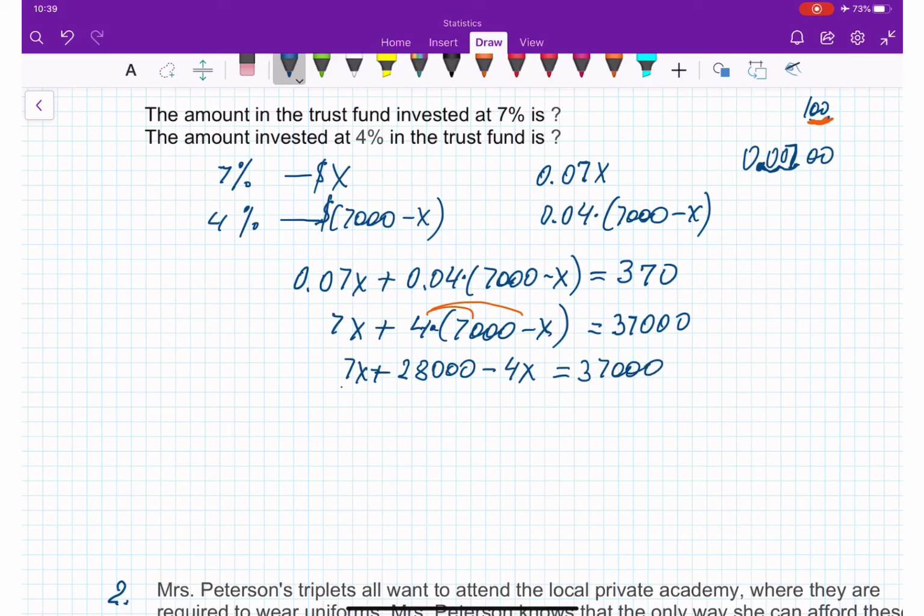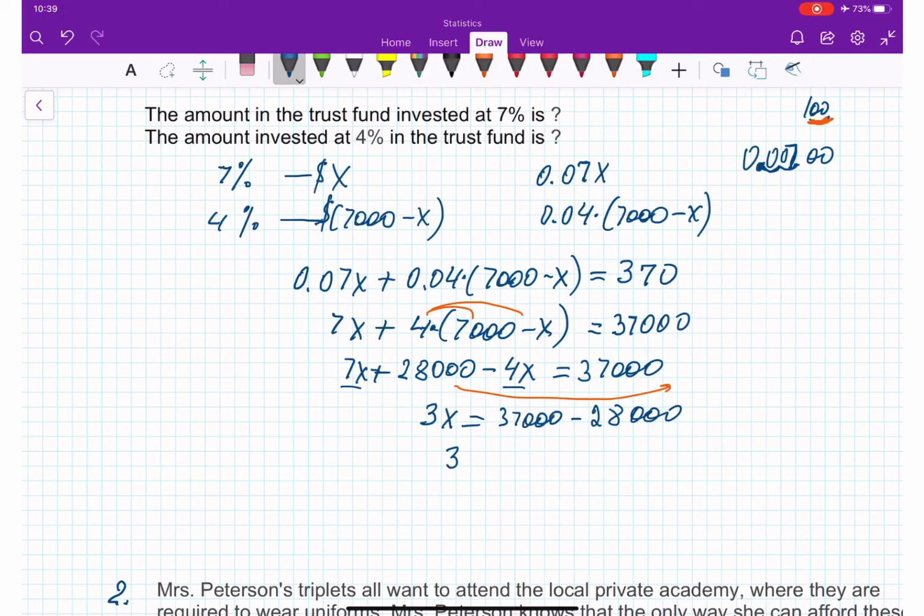Combining like terms, 7x and minus 4x, it's going to be 3x. So once I move this 28,000 to this side, it's going to be negative, which means I will get 37,000 minus 28,000.